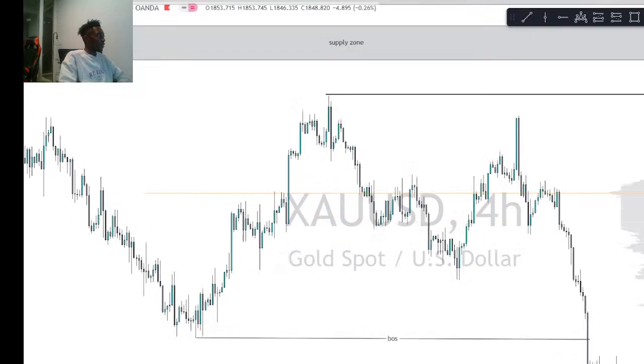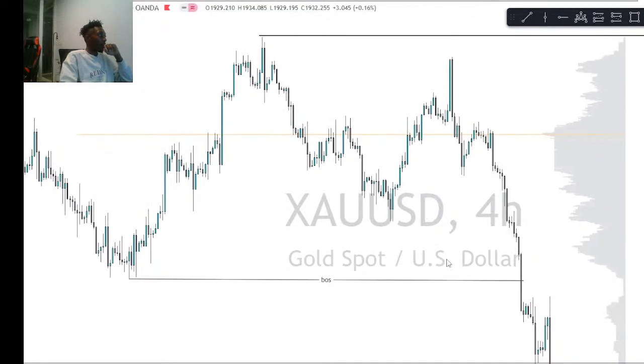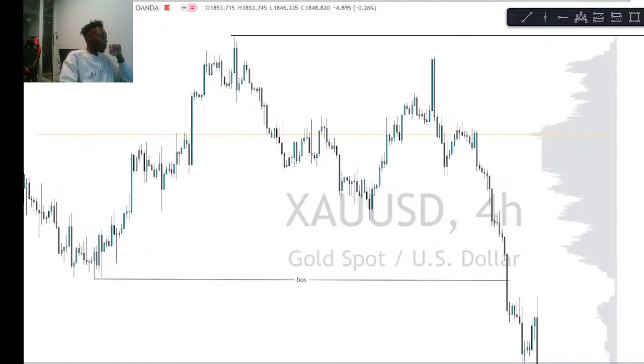So we zoom in and then we focus on the actual market, from where the market gave us this high and from where the market gave us this low. Now we need to find tomorrow or next week's direction. We can see that the market was breaking structures to the downside.